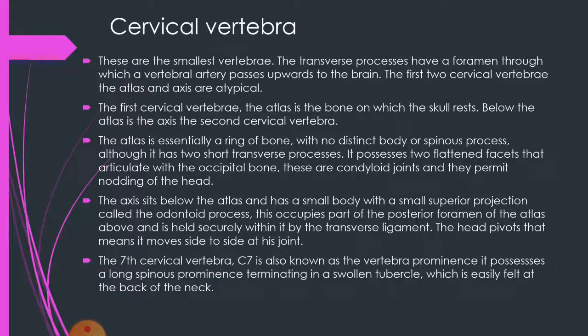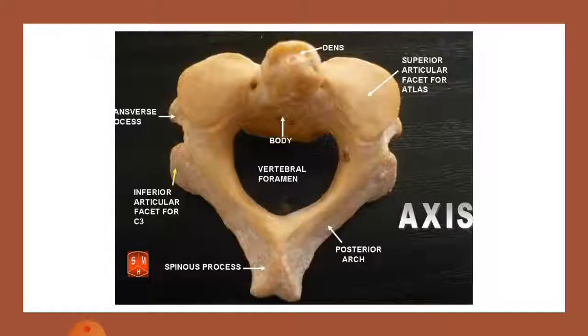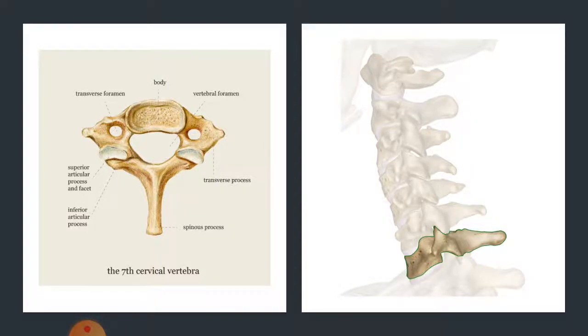The seventh cervical vertebra, C7, is also known as the vertebra prominens. It possesses a long spinous process terminating in a swollen tubercle, which is easily felt at the back of your neck. So these are the features of the seventh cervical vertebra, which is the last cervical vertebra. It has typical features just like the other typical vertebrae.